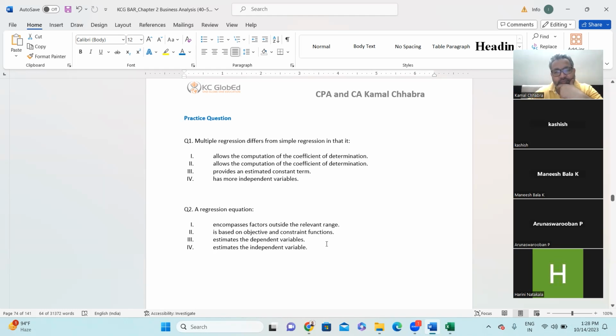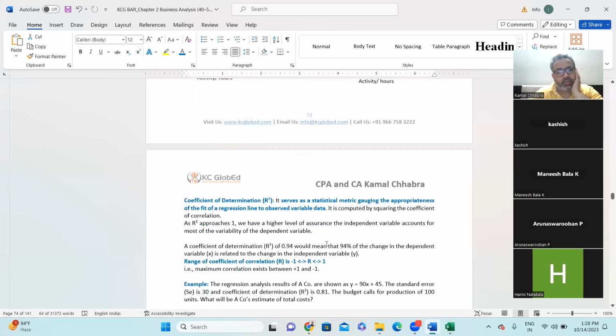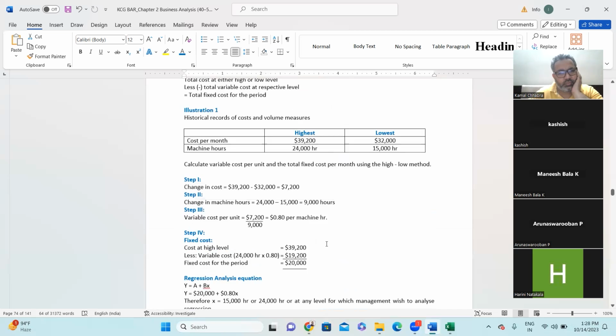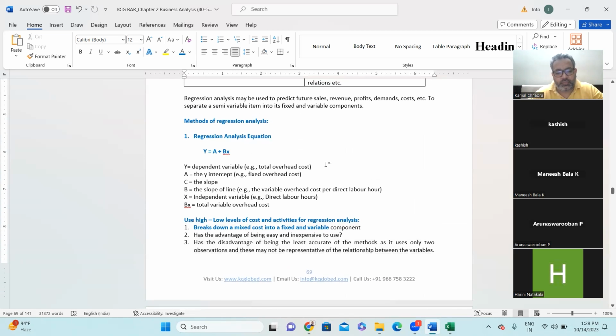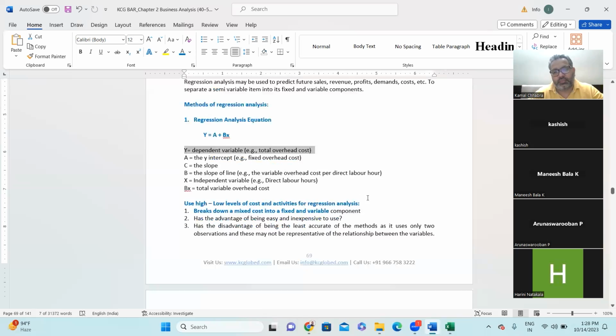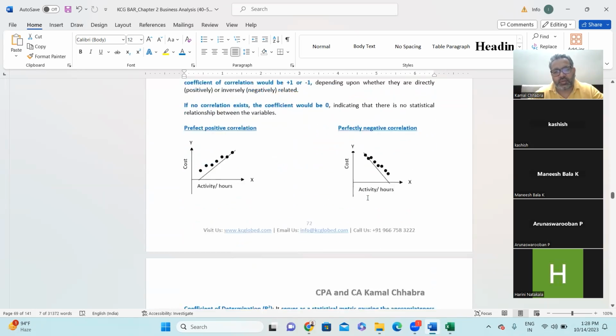So estimate the dependent variable. What is y in the formula, a plus bx? What is y? What are you calculating? The dependent variable. Right. So the third option is correct.